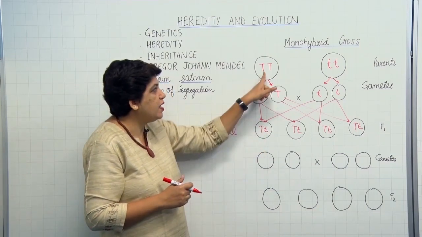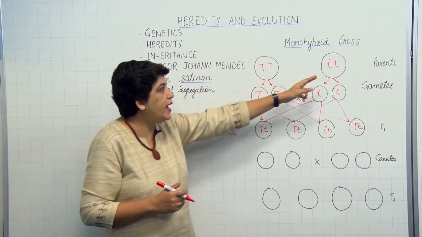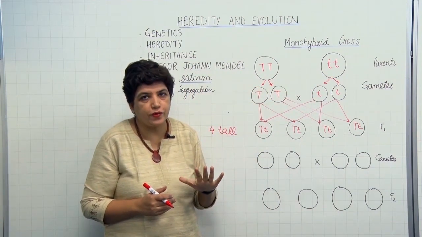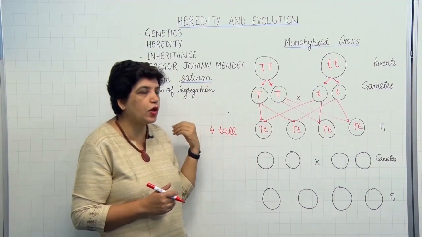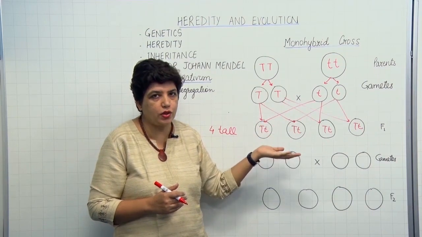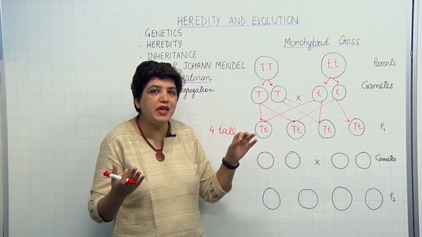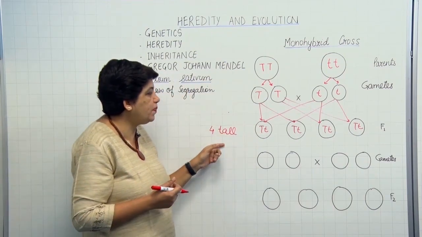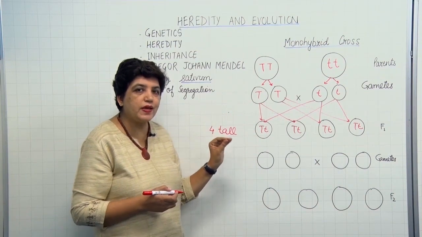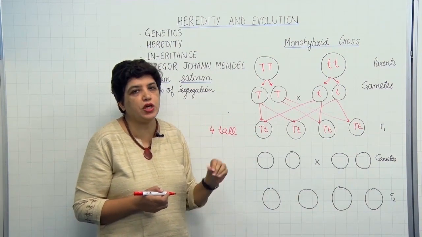That is why we have used capital T for the dominant gene tall and small t for the recessive gene dwarf. So all the plants grown in the first generation were tall, although it was expected that it might lead to a medium-sized plant. So tallness is considered a dominant gene, and dwarfness a recessive gene in pea plants.